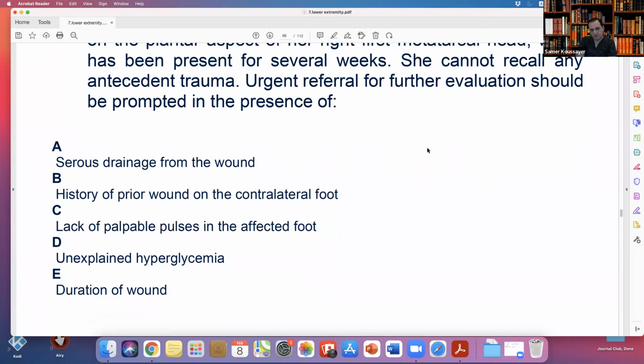Okay. B, history of prior wound on the contralateral foot. That doesn't mean much really, because when she has a contralateral foot ulcer, it's from vascular disease, which of course we know. It doesn't make a difference. C, lack of palpable pulses in the affected foot.